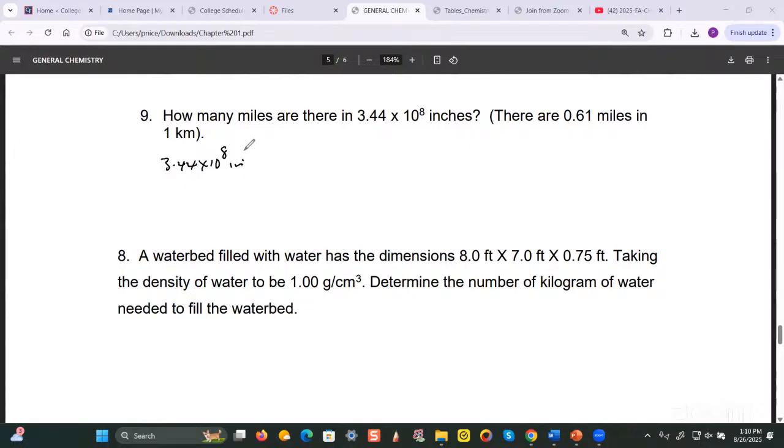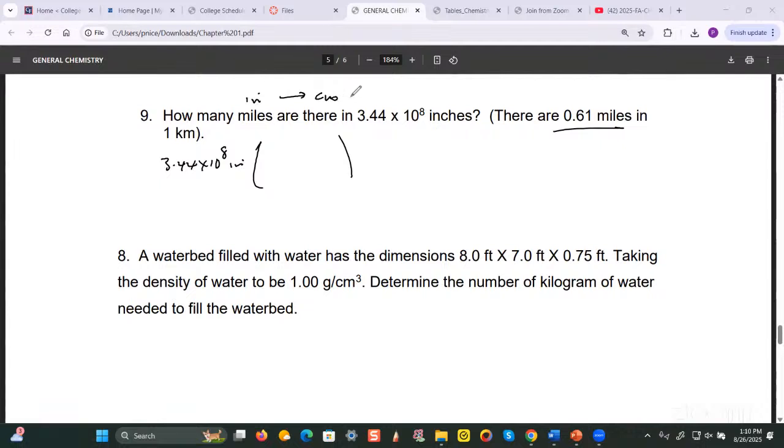So, one way of doing it, there are multiple ways of doing it, but since they gave us this, what I would do is go from inches to centimeters, because we know that 1 inch is equal to 2.54 centimeters.